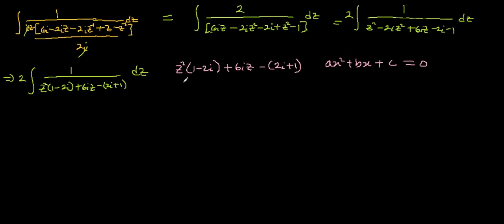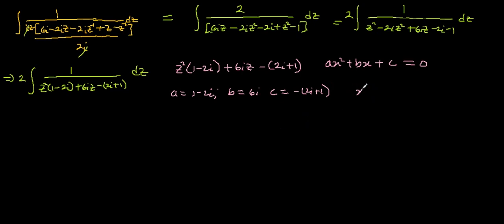So you discover that we are going to have a to be equal to 1 minus 2i, b to be equal to 6i, and c to be equal to minus 2i plus 1.